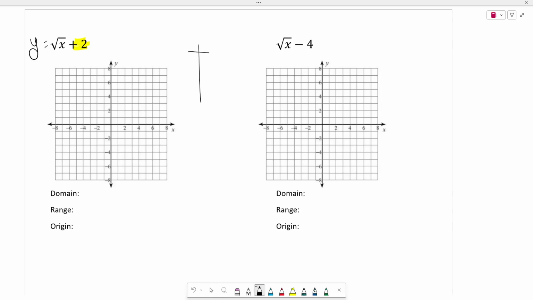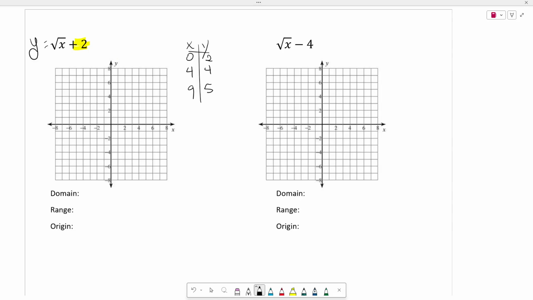If I made my little table here, for my x I would have 0, 4, and 9. The square root of 0 plus 2 gives me 2. The square root of 4 is 2, plus 2 would be 4. And this would be 3 plus 2, which would be 5.